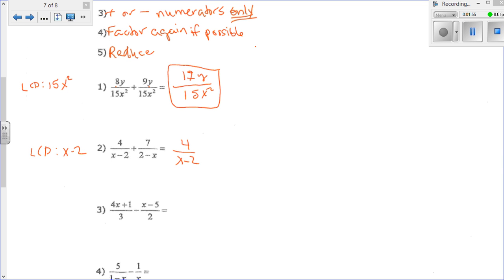So it's just going to be plus x minus 2 and then 7. And I need to multiply that by negative 1 to get it to look like x minus 2. So I really have 4 minus 7 over x minus 2. So I have negative 3 over x minus 2.